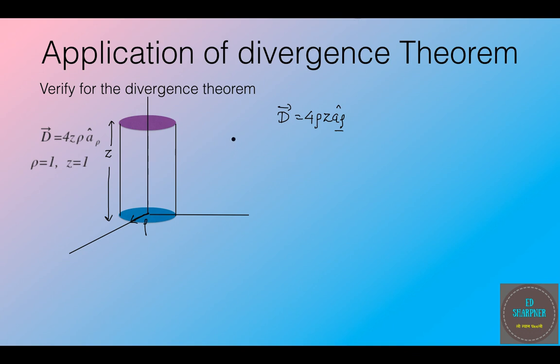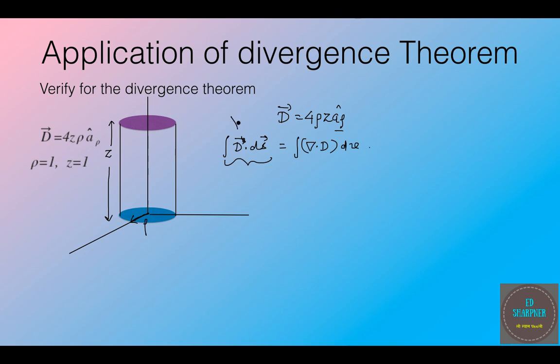According to the statement of the divergence theorem, we have the contour integral of D dot ds equal to the volume integral of del dot D dv. Now we will calculate this term first.